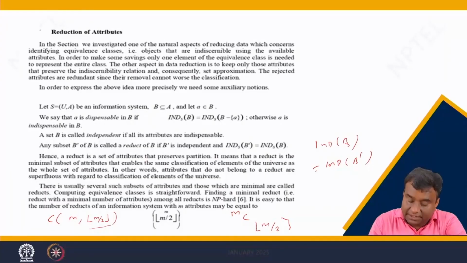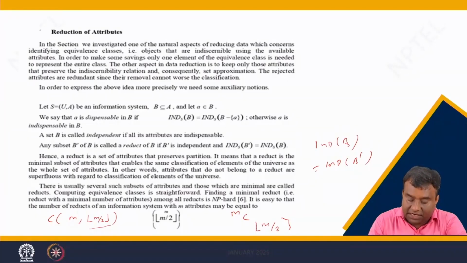It means that a reduct is the minimal subset of attributes that enables the same classification of elements of the universe as the whole set of attributes. In other words, attributes that do not belong to a reduct are superfluous with regard to classification of elements of the universe. There are usually several such subsets of attributes, and those which are minimal are called reducts.